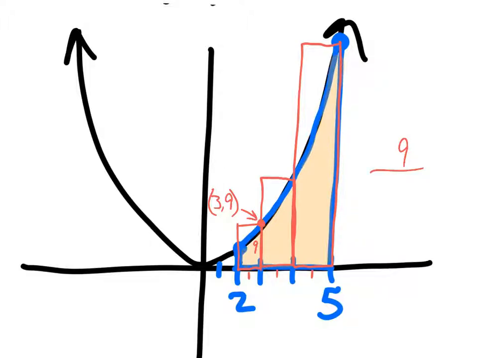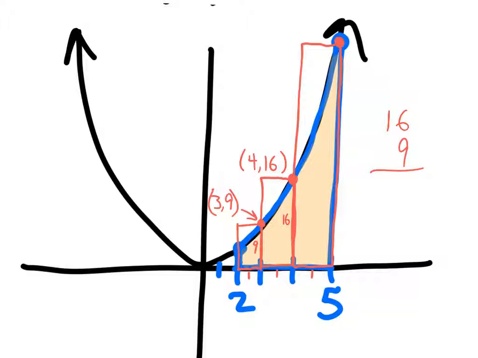So that's 9. Now the next one. The next one here, if I look at the point where the corner of the rectangle meets the curve, what's the x coordinate there? 4. So that point is 4, 16, so the height of the rectangle is 16. So what's the area of the rectangle? 16. Oh, so the y coordinate is just the area?